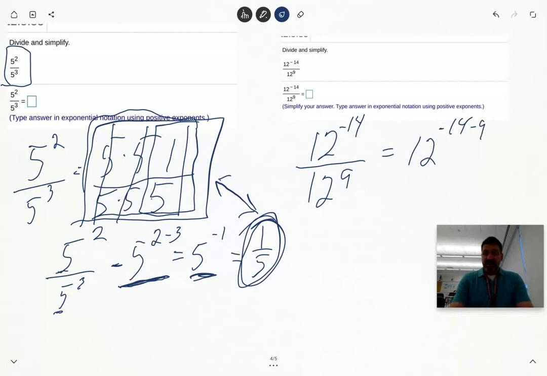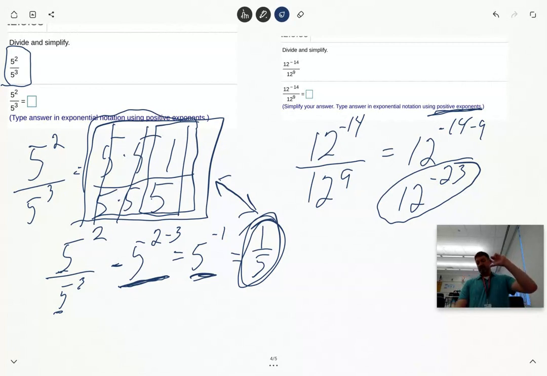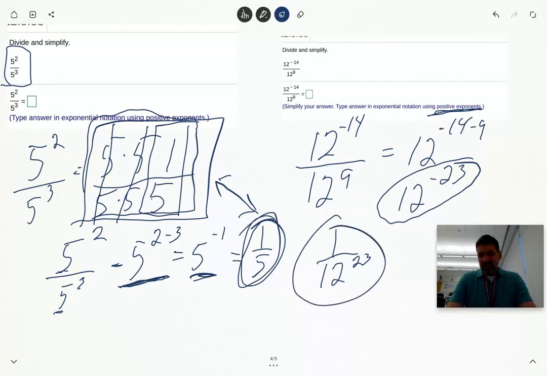And that would give us 12 to the negative 23, which is the answer, but this says use only positive exponents. So to write that as a positive exponent, remember we have to flip it. Instead of 12 over 1, it would be 1 over 12 to the 23rd power. You can either write it this way, I believe, or you could write it as 1 over 12, the entire thing to the 23rd power. I'm not sure what MyMathLab likes better, but we can try that out.